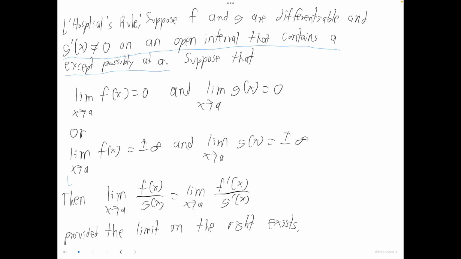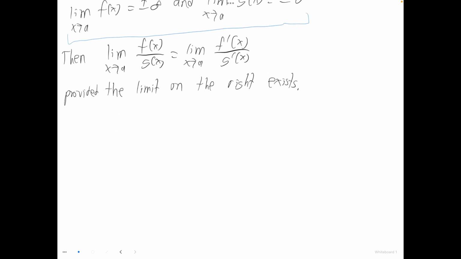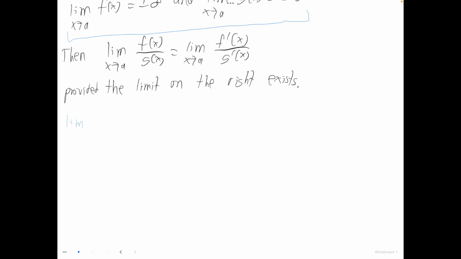There's also the case of when we have infinity. If we have positive infinity or negative infinity on the top and on the bottom in the limit, then L'Hopital's rule also applies. This will let us compute limits such as the limit as x approaches infinity of x squared minus 1 over 2x squared plus 1.